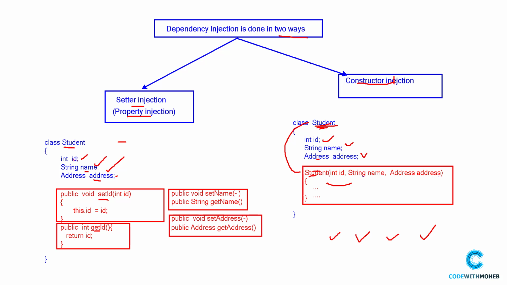So what is a configuration file? In fact, a configuration file is the XML file through which we provide the information to the IOC container. IOC needs the information of classes in order to create objects. If you remember, we said that the IOC container is responsible for three important things.